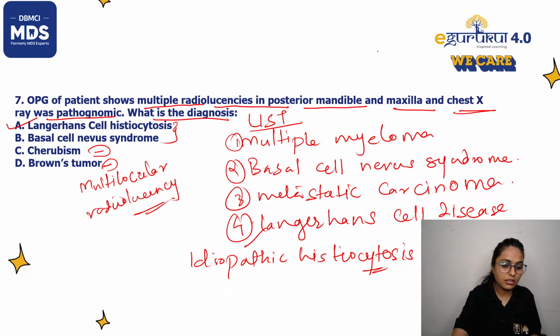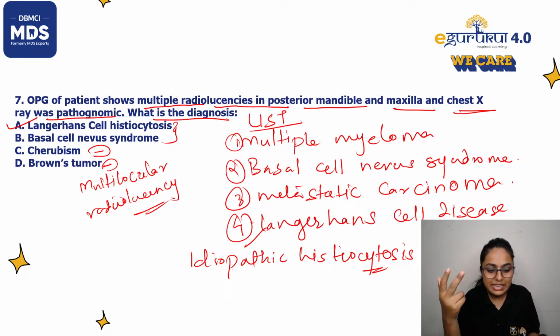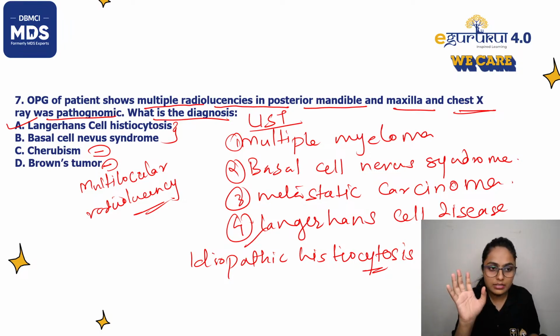This is basically abnormal proliferation of Langerhans cells, and these Langerhans cells get disseminated and involve bone marrow, lungs, spleen, liver, and lymph nodes. So Langerhans cell histiocytosis is your answer.